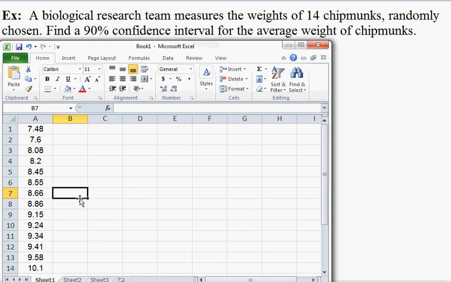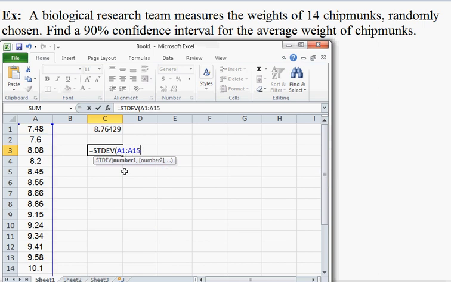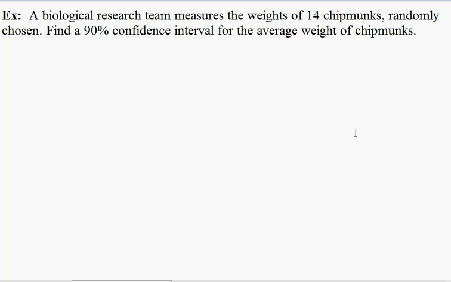So if there's the data we still have, we still need to compute the average of the weights, as well as the standard deviation for the weights. And we recall that to find a 90% confidence interval, the picture is that we have a t-distribution.